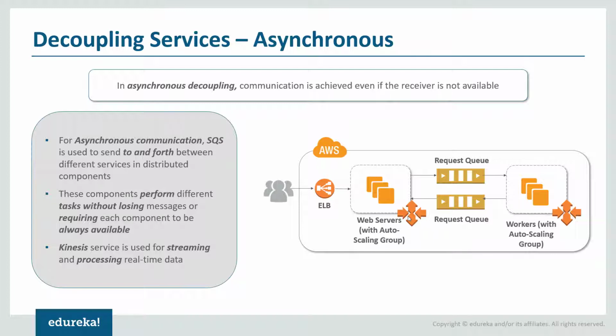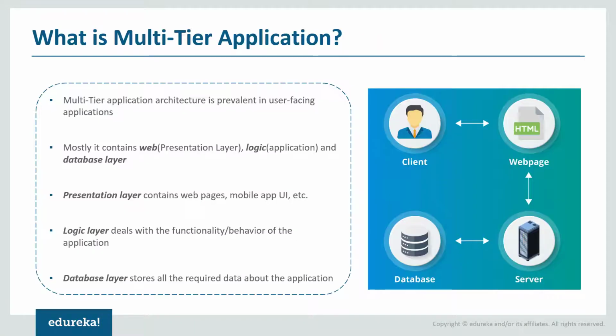Let us now understand how we design a multi-tier architectural solution with these techniques. Typically in a multi-tier architecture, we have the database as a separate layer, web as a separate layer, and business logic as a separate layer.